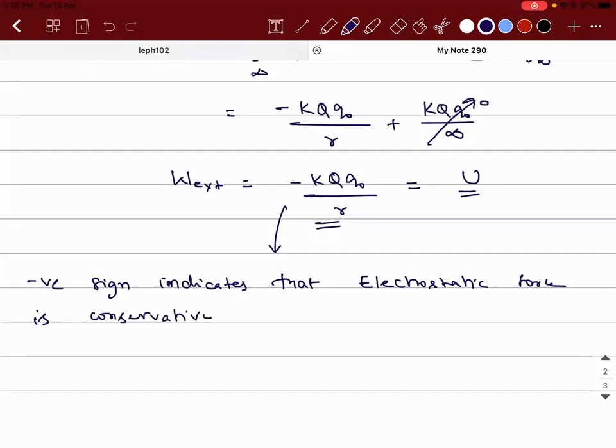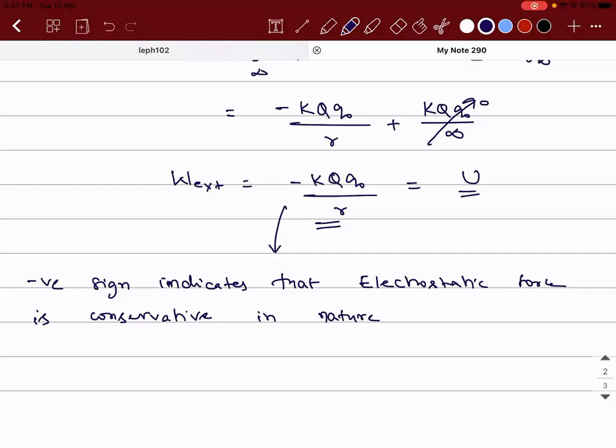You know what is conservative? Force itself has direction, whether it is conservative or non-conservative. To be more specific, if you take a round trip, the work done by a conservative force in a round trip is always zero, whereas the work done by a non-conservative force in a round trip is non-zero.